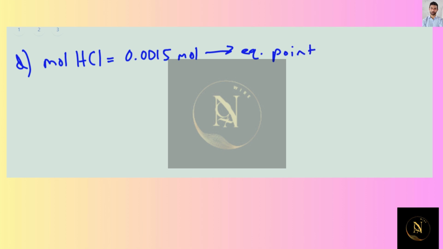So now all of our ammonia has been converted to ammonium. So we calculate our concentration of ammonium by dividing the moles by the volume, and we get a value of 0.0167 molar.